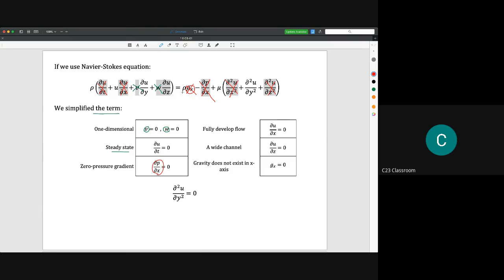Please be careful, because some students easily make this term 0 because they assume that rho is 0. The density is not 0. Because of this, we can cancel the density from the right-hand side and left-hand side, so the effect of density is negligible.